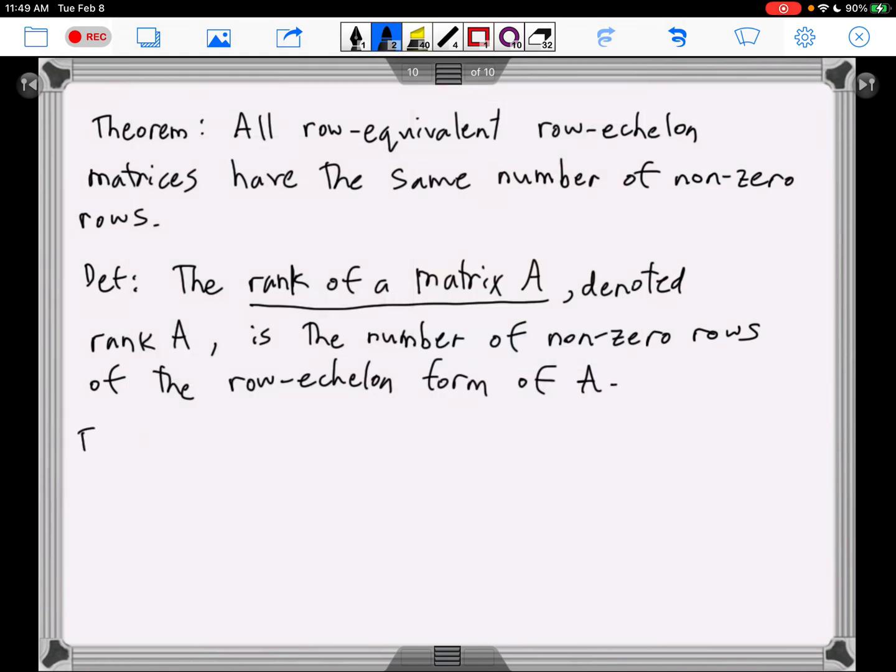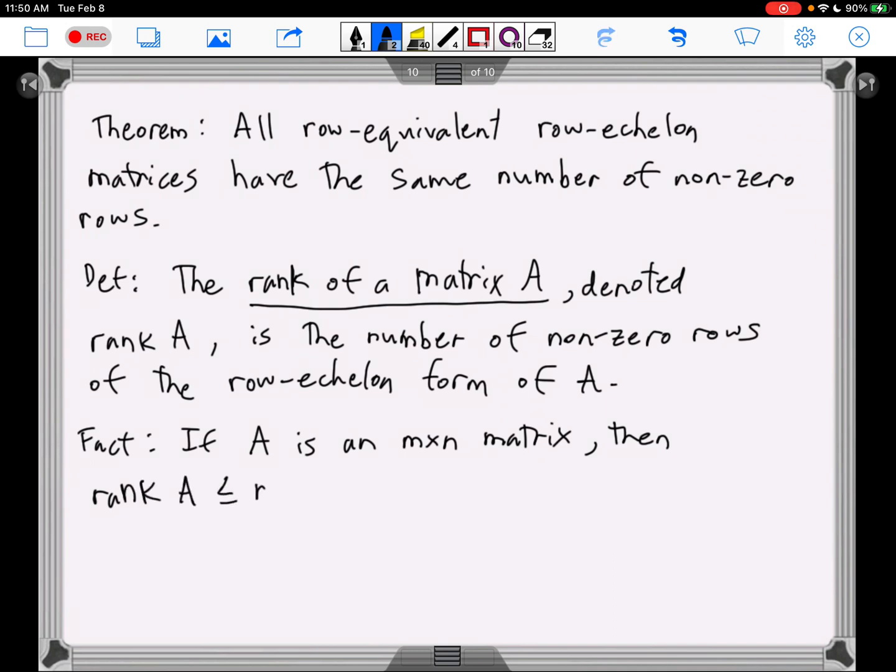And let's write down an interesting fact about this. We are limited in what the rank can be, right? So fact: if A is an m by n matrix, then the rank of A, of course, you're limited by how many rows there are, right?